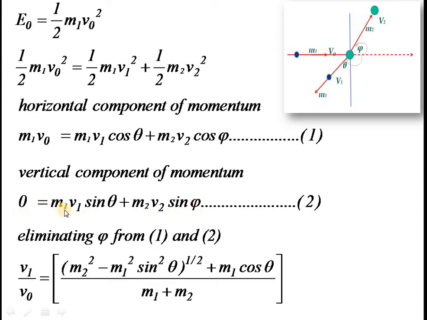So we get 0 equal to m1 v1 sin theta plus m2 v2 sin phi. Once we have this, it's a matter of simple algebra to solve for v1 by v0. What is v1? Velocity of the projectile after collision. What is v0? Velocity of the projectile before collision.